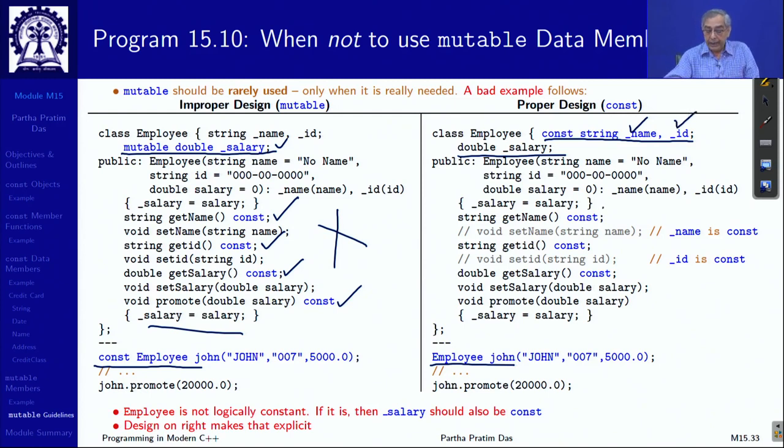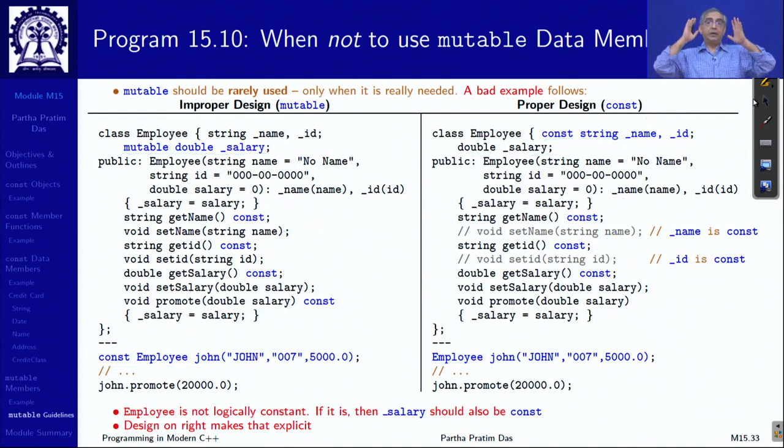You just make sure that name and ID cannot be changed. So, get name will still be a constant, get ID will still be constant, set name and set ID must not be there, because you will not be able to change them, they are constant. Get salary will be a constant, and promotion would be there as a normal member function. Please understand this difference: it is not that you can just use mutable to make something work.